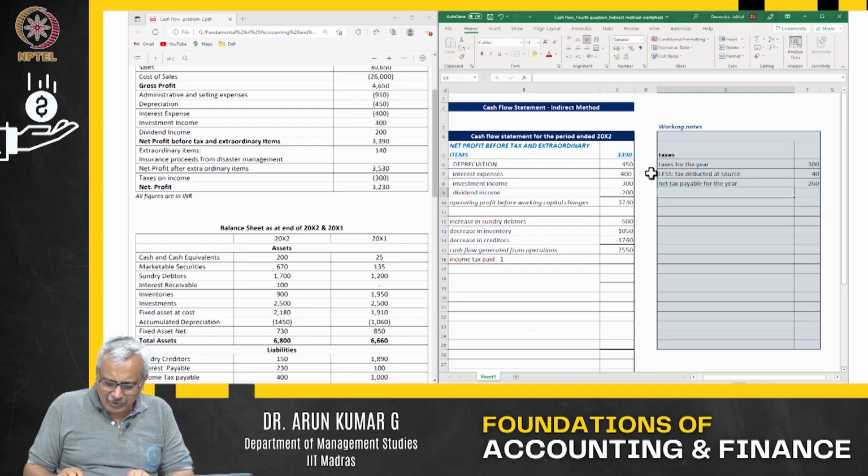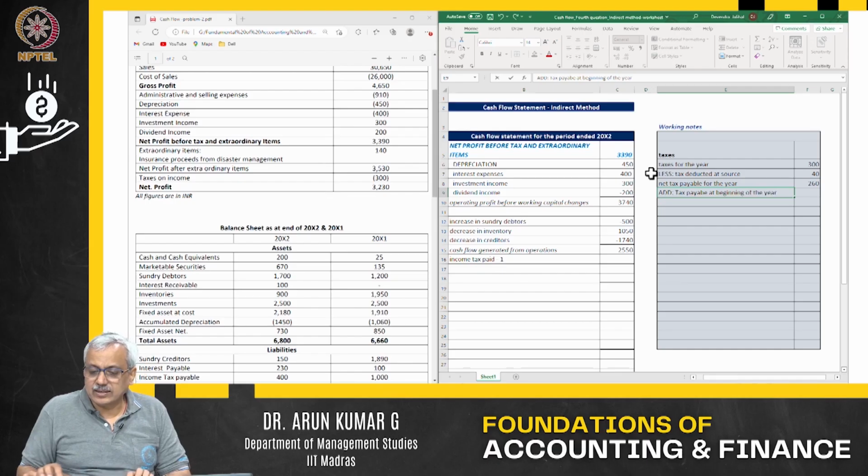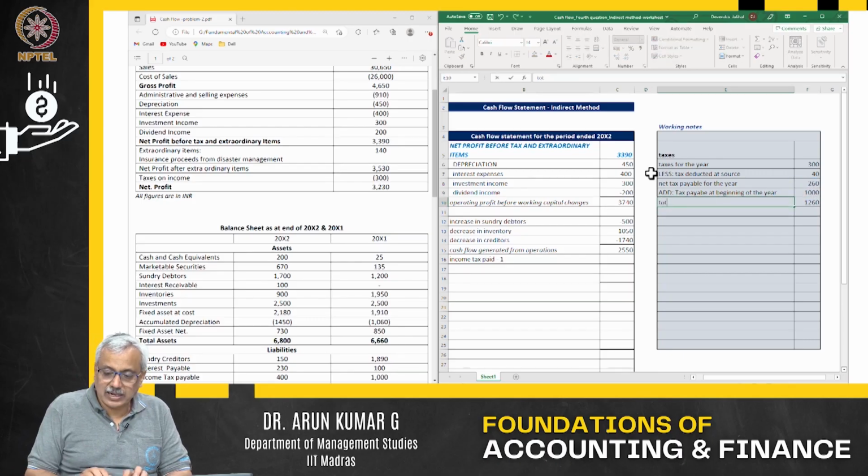What is the tax payable at the end of last year? Tax payable at the beginning of the year is about 1000. That means total tax payable is 1260. What is due at the end of the year? That means you have obviously not paid.